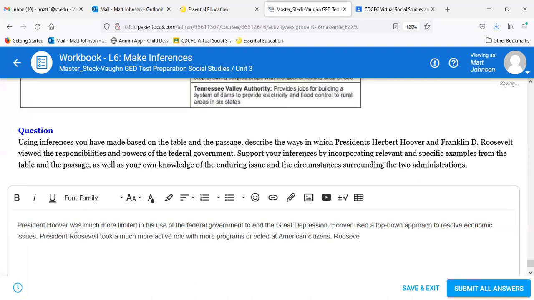Roosevelt gave the federal government a more active role.